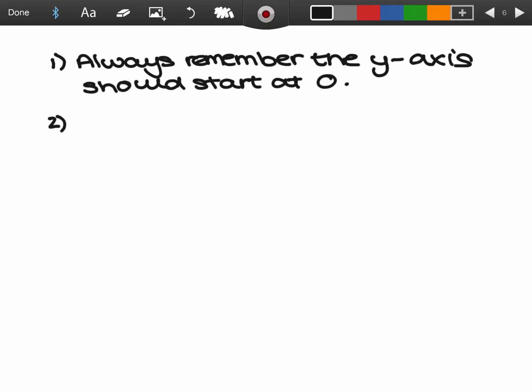The second thing that you need to know is what a line graph is, okay? A line graph is very much like a bar chart, where you're going to have data values on the x-axis and data values on the y-axis.